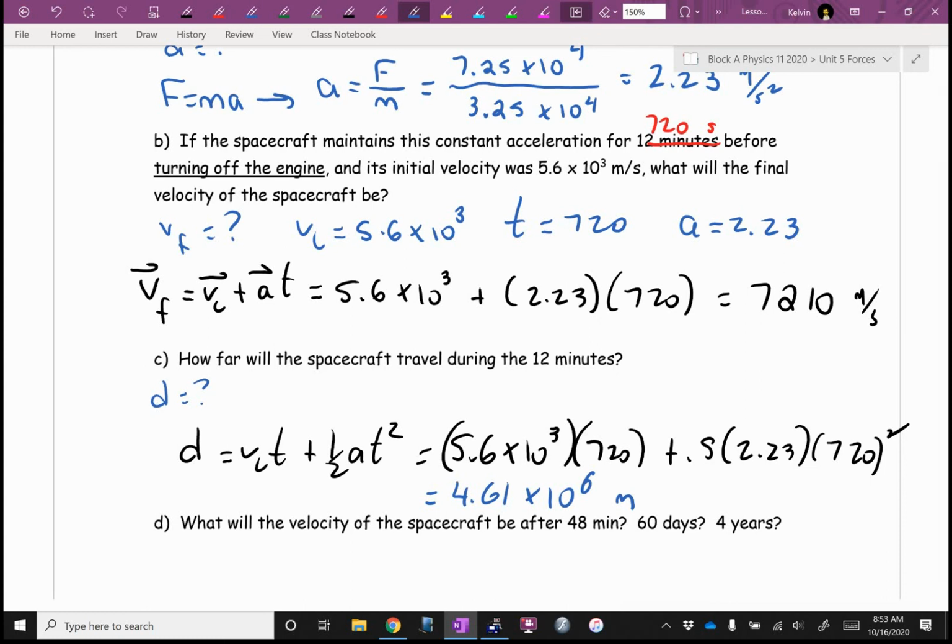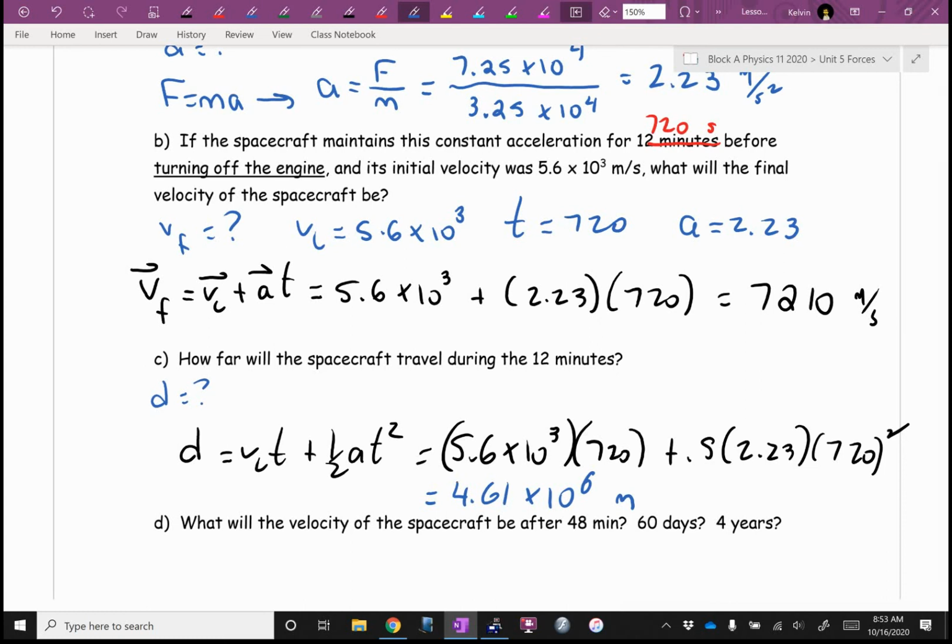So if they shut off their engine, what's their velocity after 48 seconds, or 48 minutes, or 60 days, or 4 years? What does Newton's first tell us about how outer space works? Max? More specific, a number exactly. I don't know. Aiden. It won't be 2.23. Alessio. Riley. Nick. Owen.